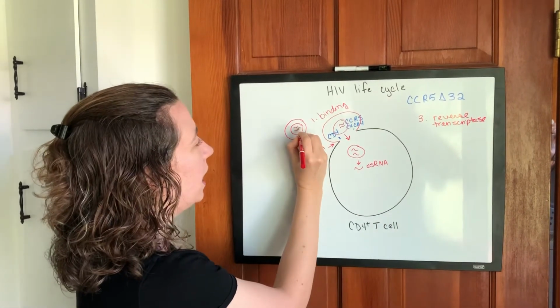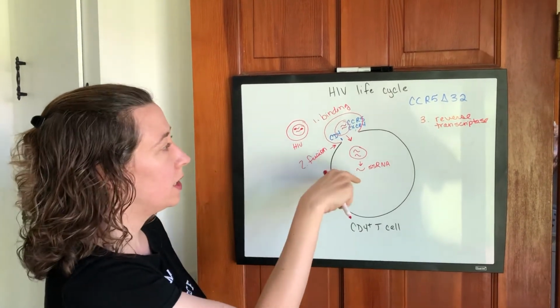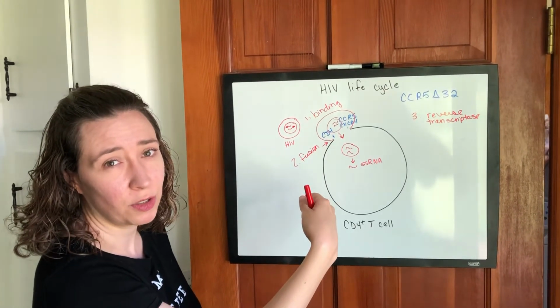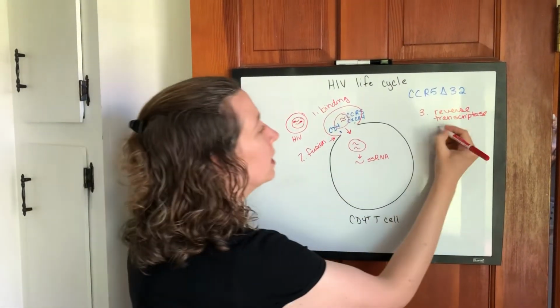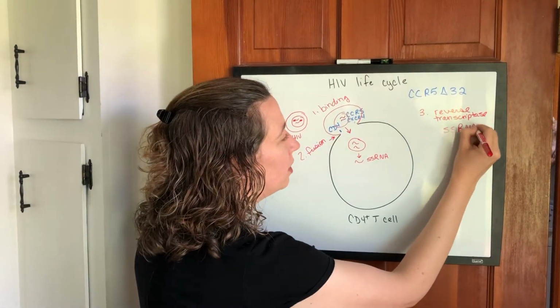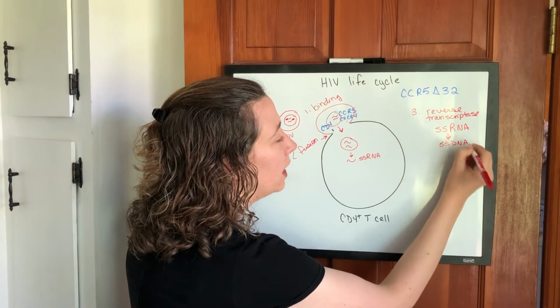Actually, if you look at the packaged virus as it enters into the host cell, it's carrying not only its genetic information, but also that reverse transcriptase enzyme with it. So this enzyme actually has 3 different types of activities, and it will allow it to go from single-stranded RNA to single-stranded DNA.